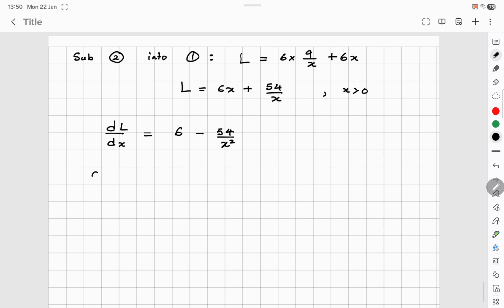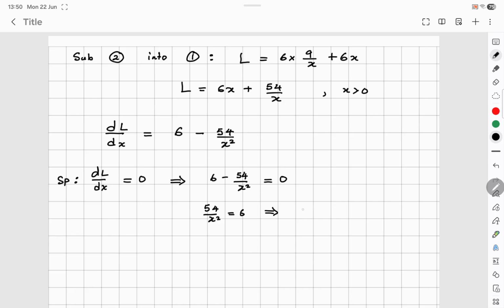So a max or minimum occurs at a stationary point. So find the stationary point or the turning point. dL over dx equals 0. So this gives me 6 minus 54 over x squared equal to 0. So that means 54 over x squared equals 6.